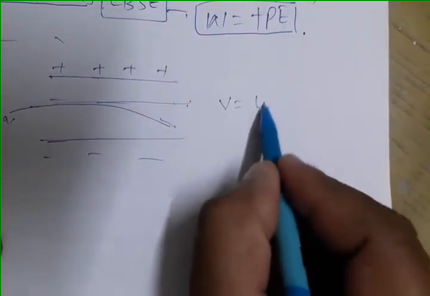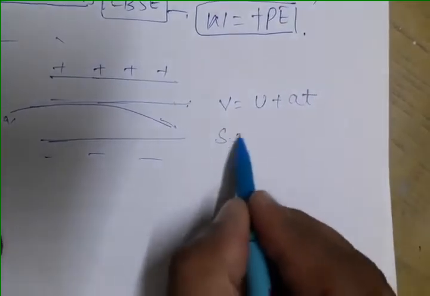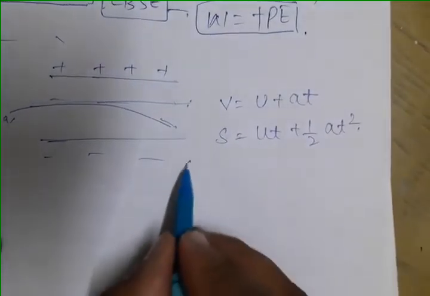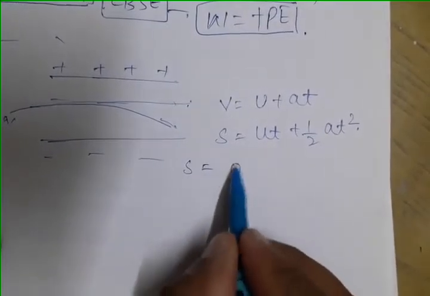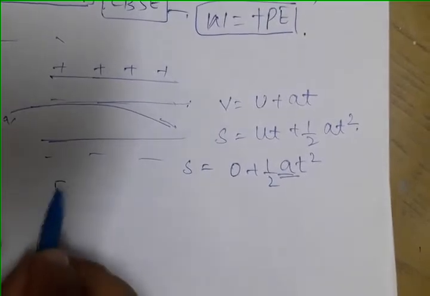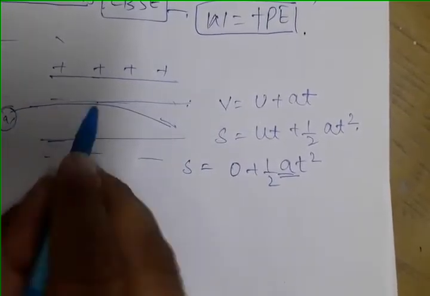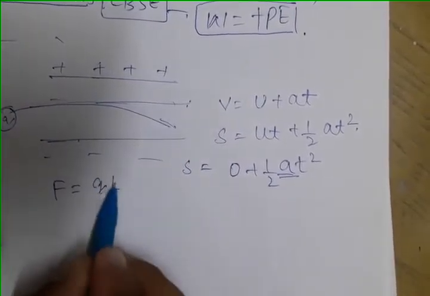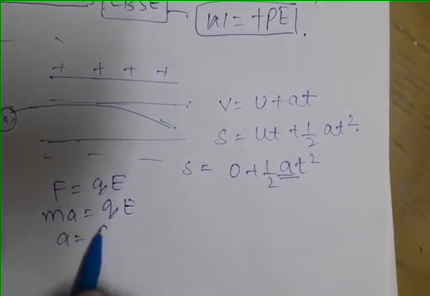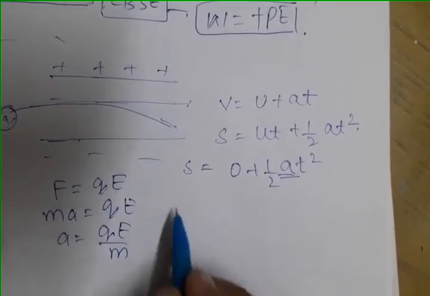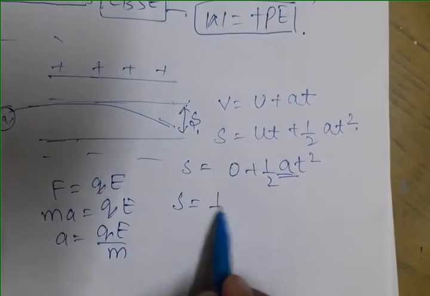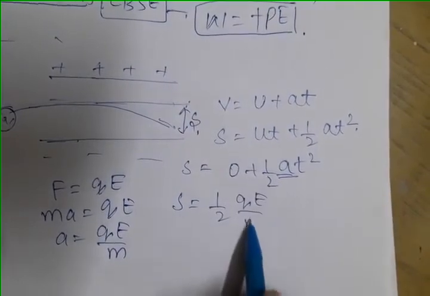I know that v equals u plus at, or the deflection is given by s equals ut plus half at square. Initial velocity, if I am taking 0 at the start, then s equals half at square. What is a? Acceleration. Now when charged particle Q enters the electric field, force will act, Q into E, but force is mass into acceleration. So acceleration is QE by m. So s, or the deflection, is 1 by 2 QE by m into t square.